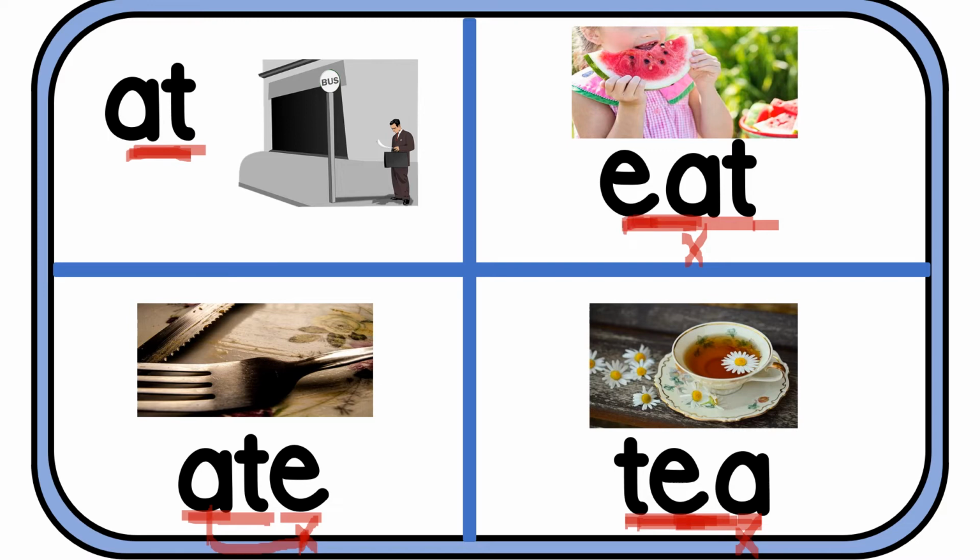E. The A in the middle, we don't hear it, it's silent, and then we hear T at the end. Eat. So a good way to recognize this word is to recognize the beginning sound and the ending sound, because you can hear eat, eat. E at the beginning and T at the end.